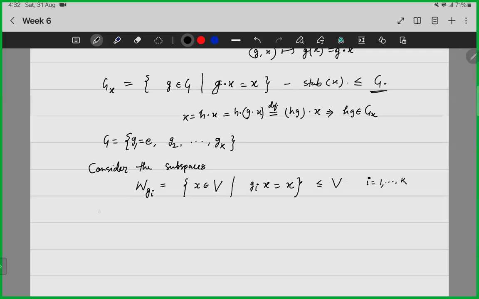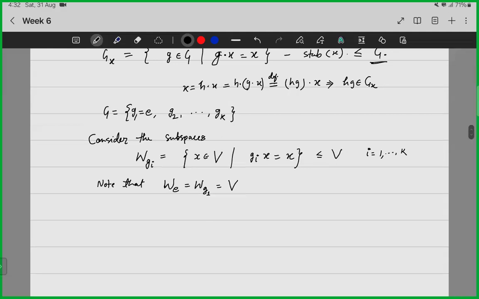Note that W_e, meaning W_g1, is the whole V, right? Understood?